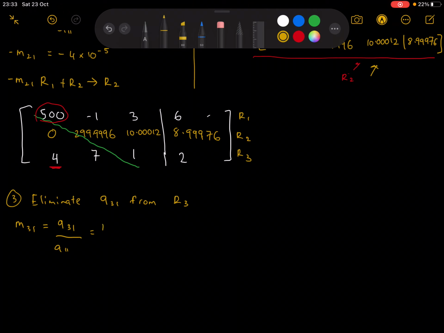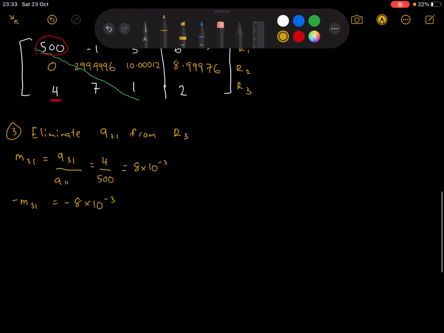So 4 divided by 500, we get 8 times 10 to the power of minus 3. So negative M31 is equal to negative 8 times 10 to the power of minus 3. The equation that we're going to use is negative M31 multiplied by row 1 plus row 3. We'll change to row number 3.